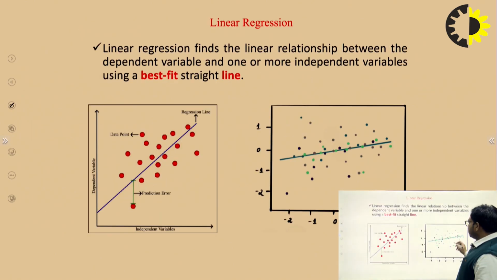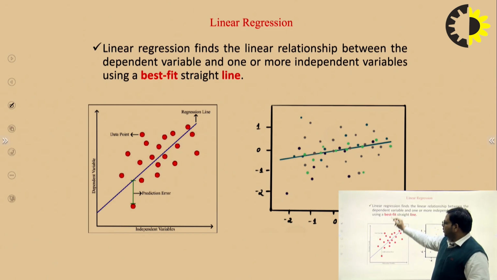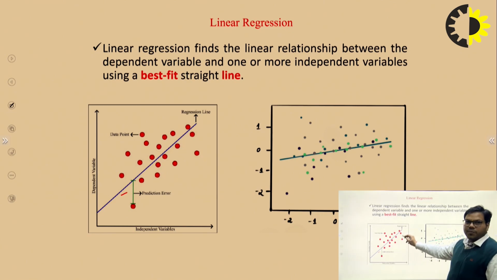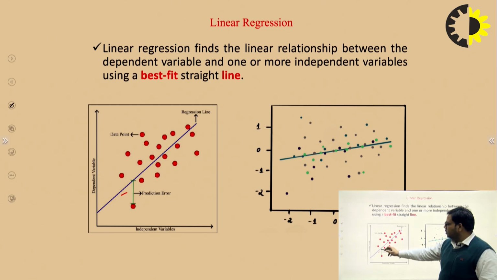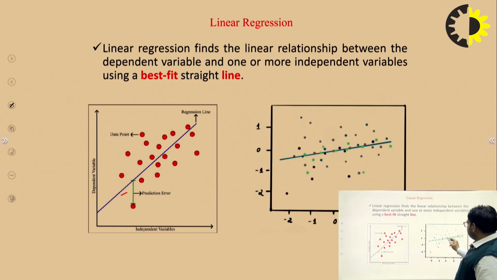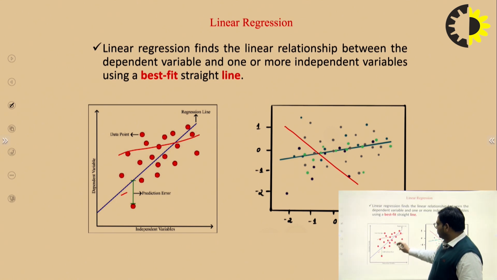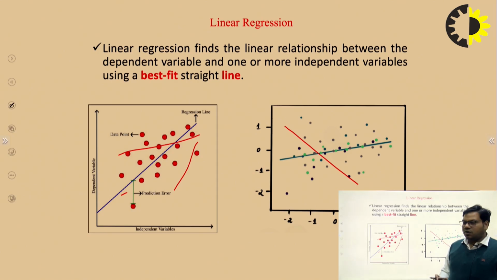So typically, as I said, in linear regression, the regression line or the relationship is typically a straight line. It may be in any direction, maybe in this direction, maybe like this. So the line could be on any axis.